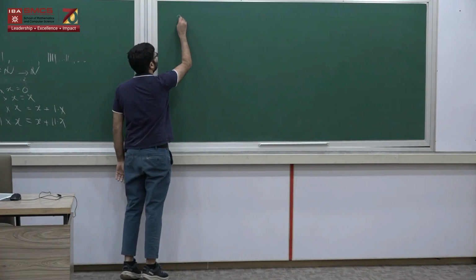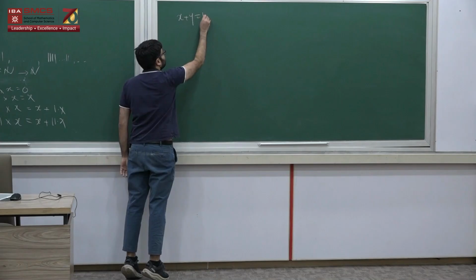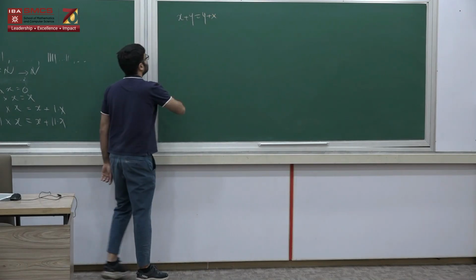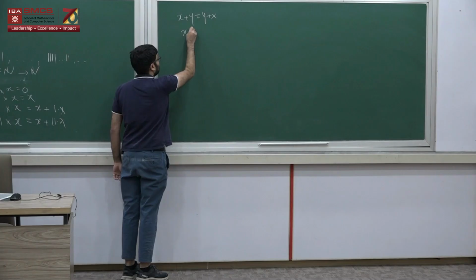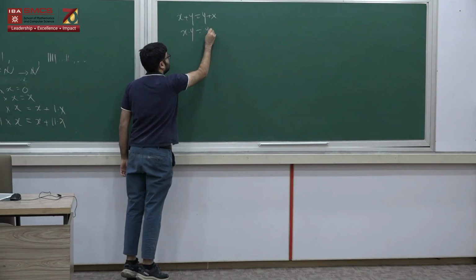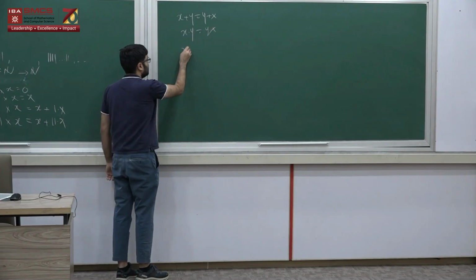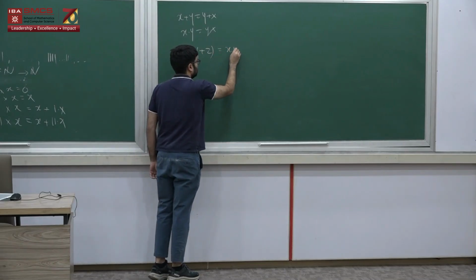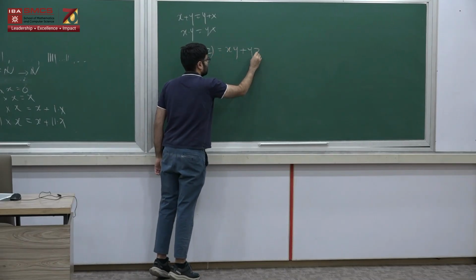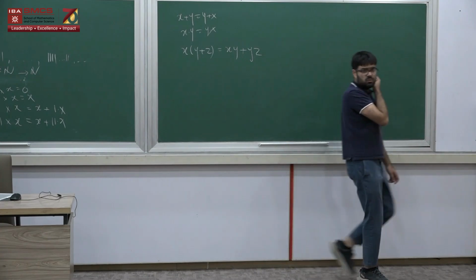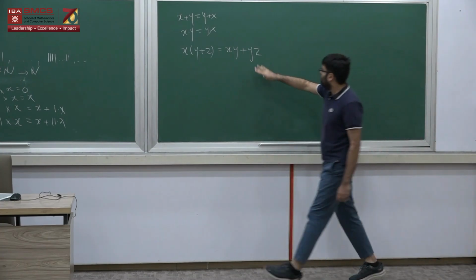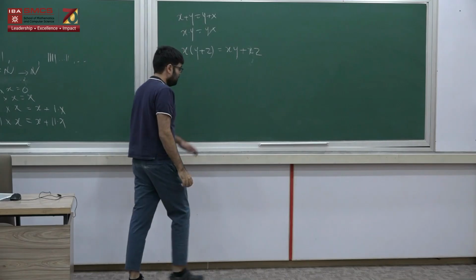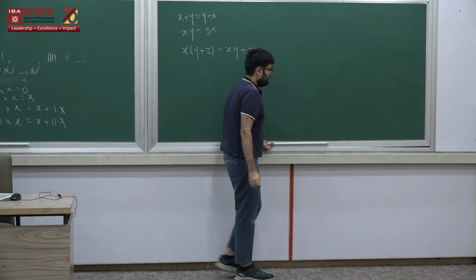So this is x plus y is y plus x, and x times y is y times x, and then x times (y plus z) is x y plus x z, yes. So this is something that I want to have.